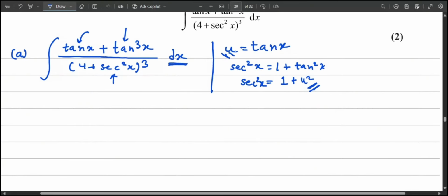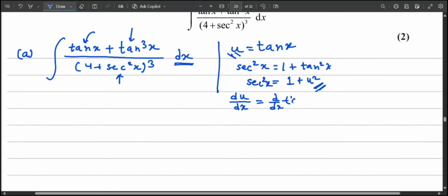In order to do that, I will differentiate our function u equals tan x. So taking du by dx, we get d by dx of tan x. Now d by dx of tan x will be equal to sec square x.